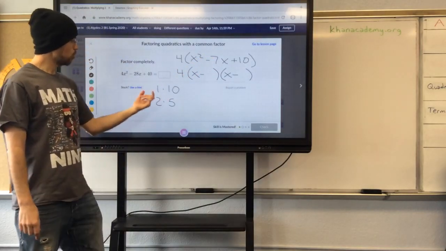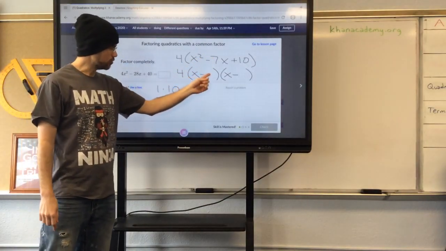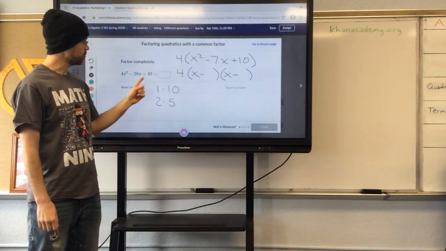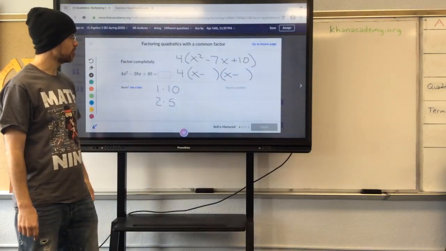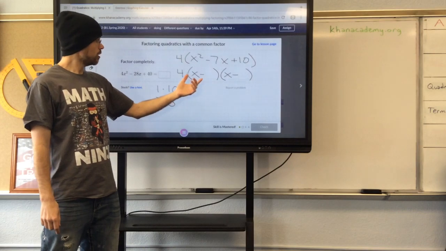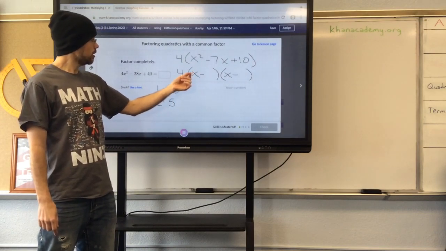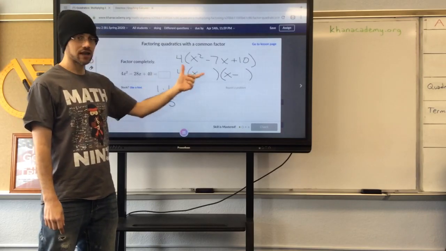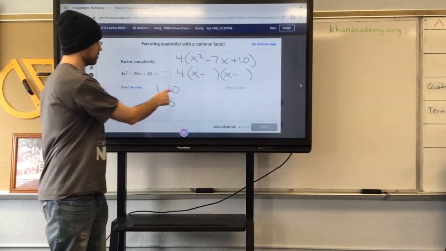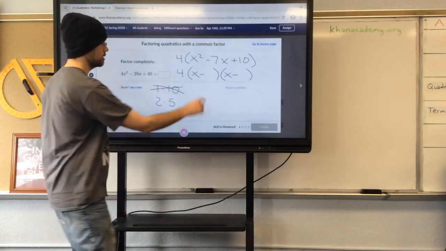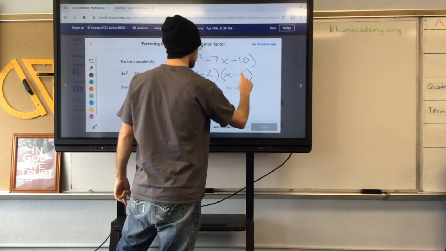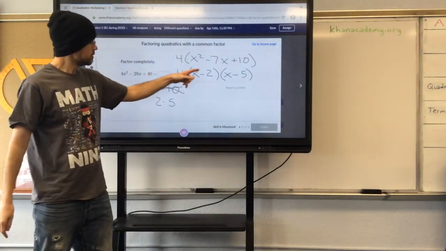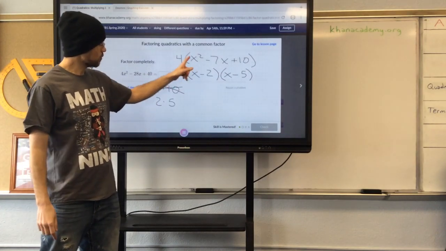So some number of negative x's minus another number of negative x's has to equal negative 7x. All right? Those values here and here have to either be a 1 and a 10 or a 2 and a 5. Well, negative 10 plus negative 1 is negative 11. So that's not okay. So these must be 2 and 5. x times x is x squared.